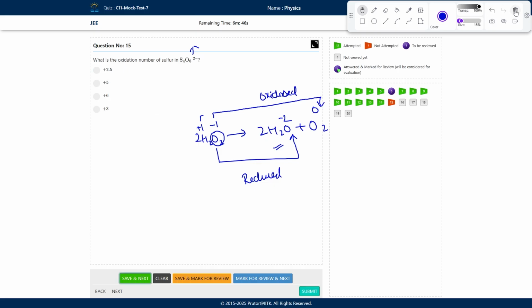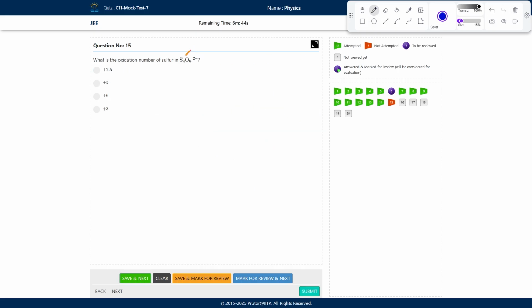Next question. What is the oxidation number of sulfur in S4O6 2-? Okay, so this is a tricky part, because the oxidation state that you will get is a hypothetical one, because you will get a fractional oxidation state. You can try this by yourself. Let us do it. Let us suppose that the oxidation number of sulfur is X. So X into 4 plus the oxidation number of oxygen, which is -2, and the overall charge is -2.